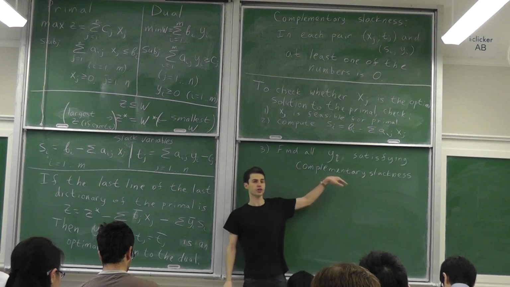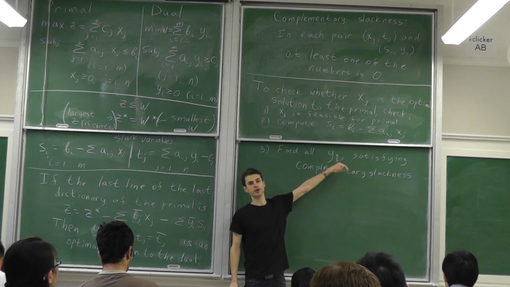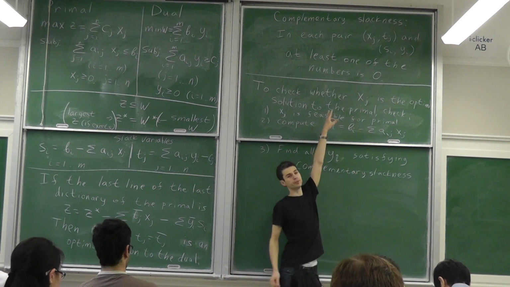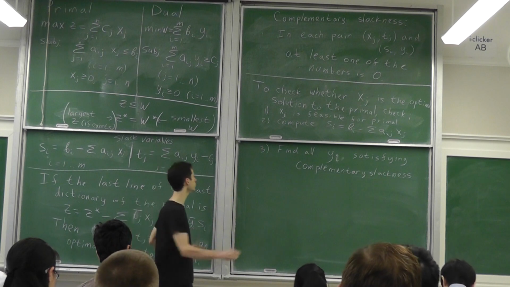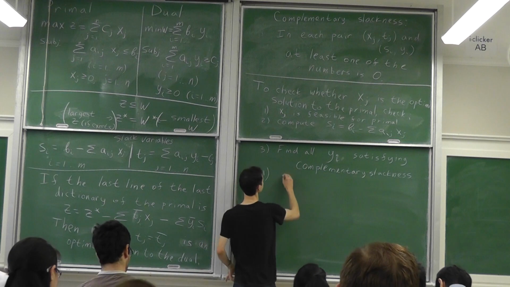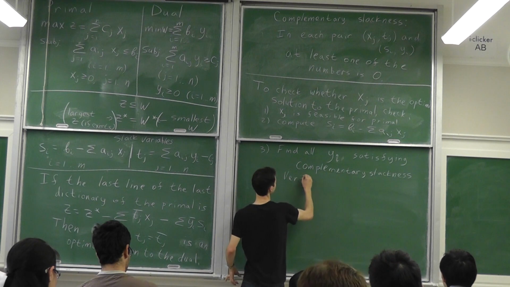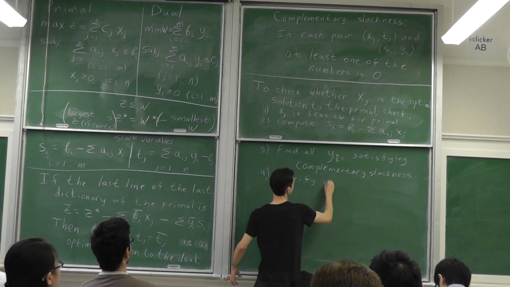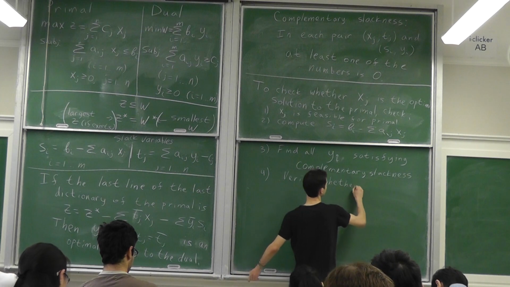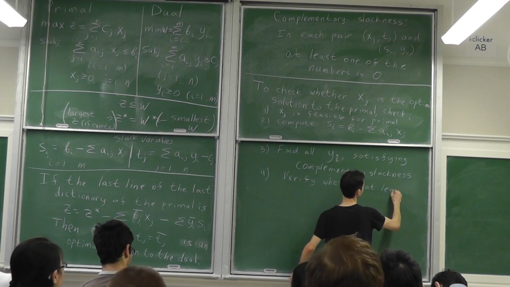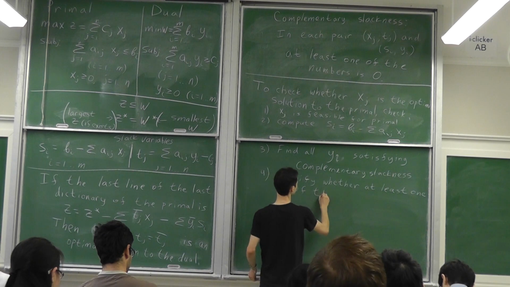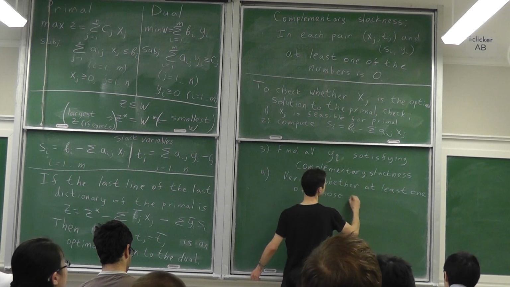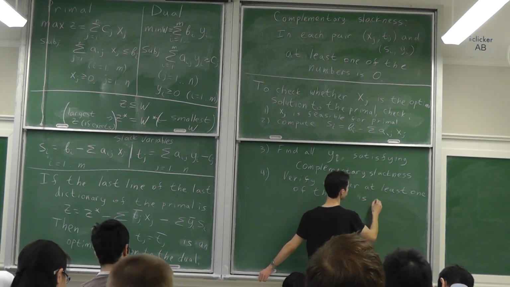So write down all the linear equations which follow about the dual solution from the complementary slackness. Typically, you'll find just one possible solution, and fourth step, verify whether at least one of those is feasible for the dual.